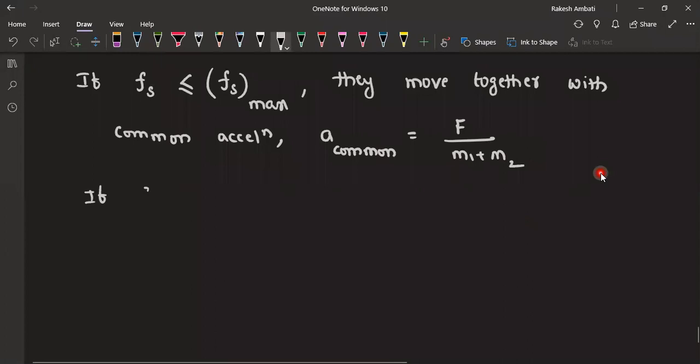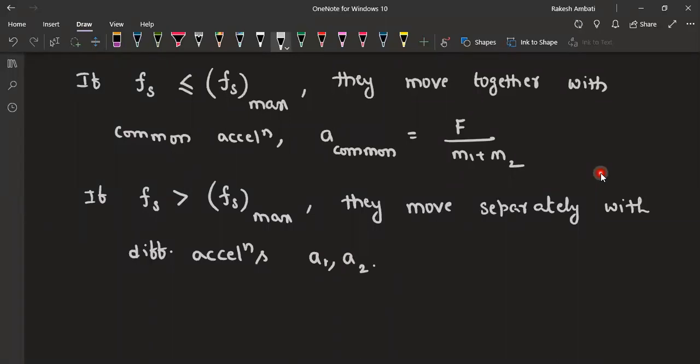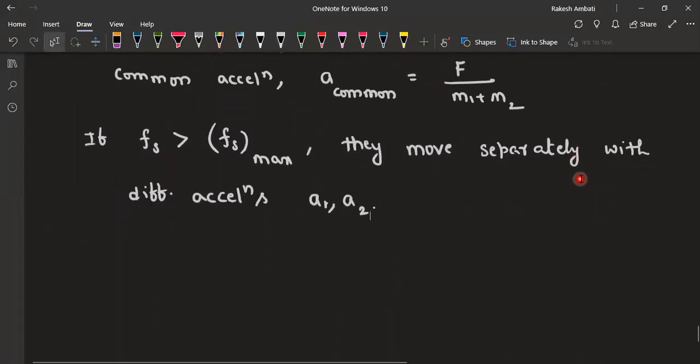If Fs is greater than Fs maximum, they move separately with different accelerations, A1 and A2. Now we have to find A1 and we have to find A2.